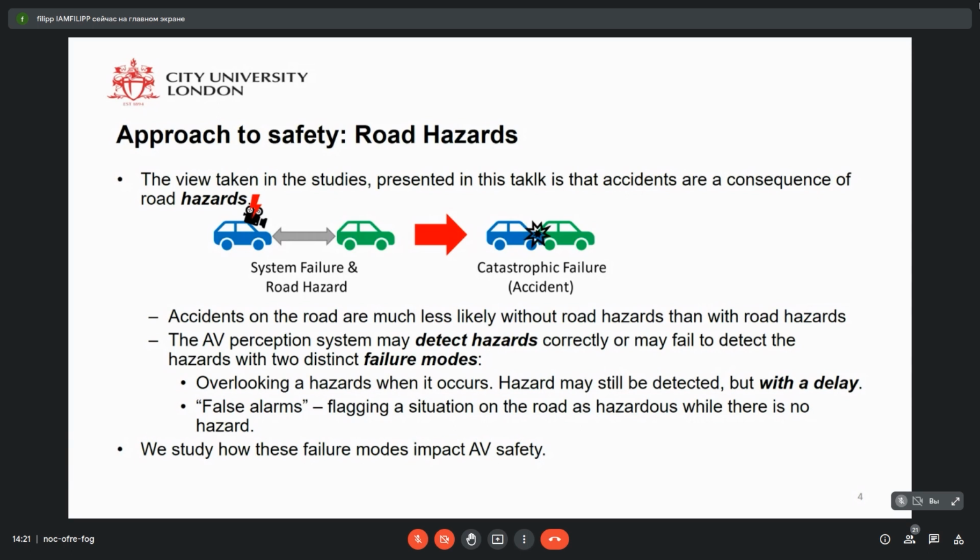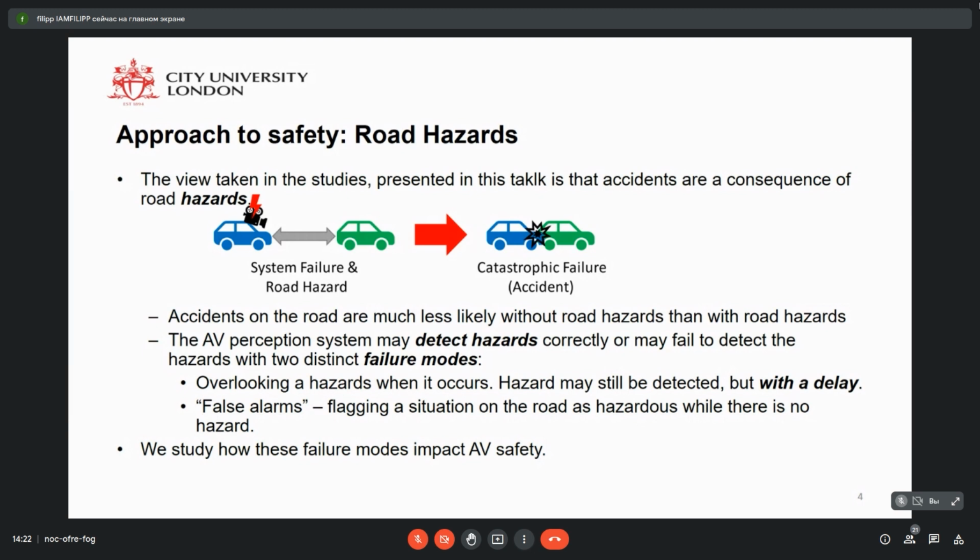And the second aspect, which is somewhat touched upon, are the so-called false alarms. The perception system says there is a hazard on the road. This is strictly, one may say, not a safety-related problem. Because, okay, false alarm, you stop the car unnecessarily. How is this going to affect safety?